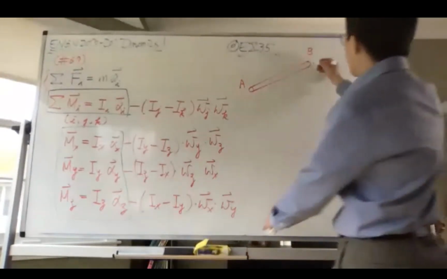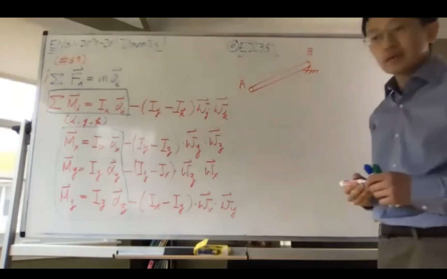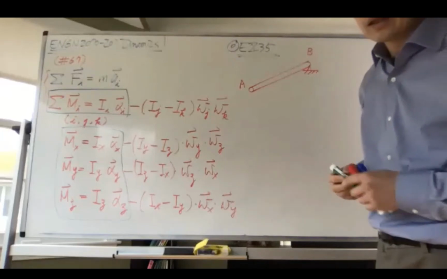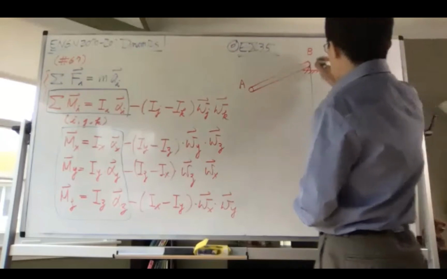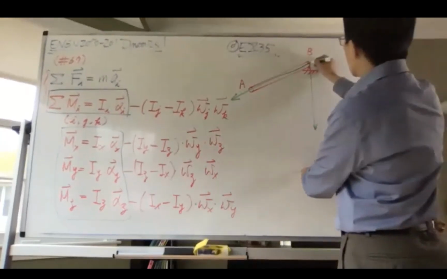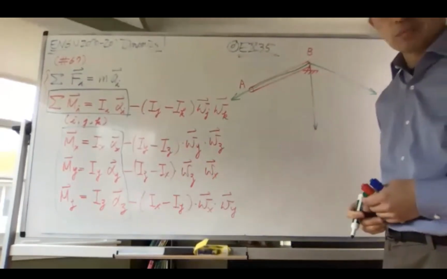Suppose point B is supported by a hinge support. We can also define the coordinate system like this. Suppose there's a vertical axis, a longitudinal axis, and another one, of course, that goes like this to make a three-dimensional problem.